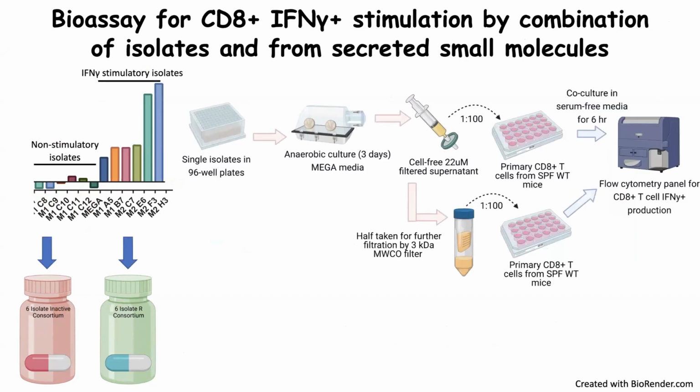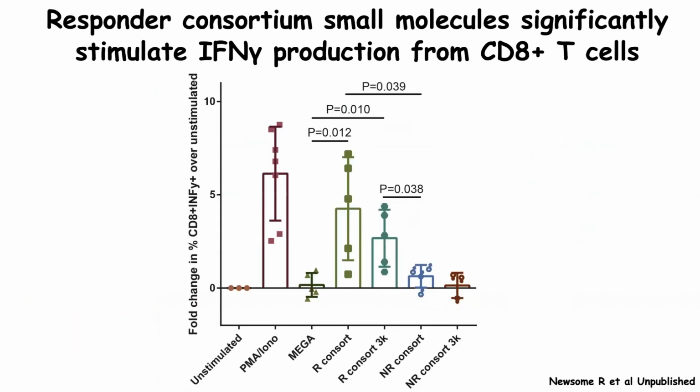And we screened these guys again. Instead of a filtration at 22 microns, which basically removes bacteria, we subsequently filtered for small molecules, 3000 cutoff. So we were interested in small molecules produced by bacteria, and we screened for interferon gamma again. And what we found using our splenocyte CD8 positive cells, this is a positive control, PMA ionomycin, interferon gamma production.